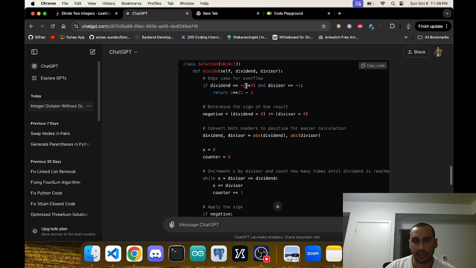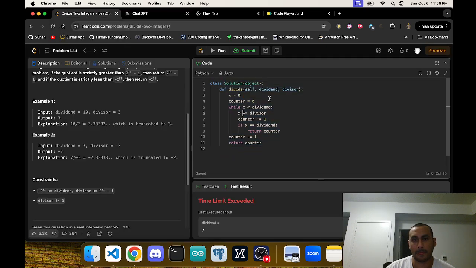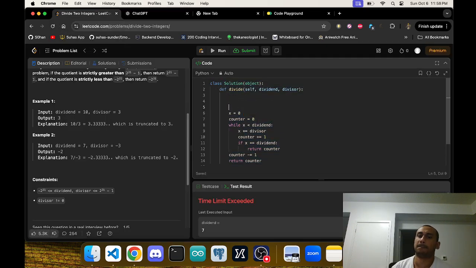So if dividend equals -2^31 and divisor is -1, return 2^31 minus 1. But I could see why there's a 17% pass rate, because there is a lot of nuance to the question.